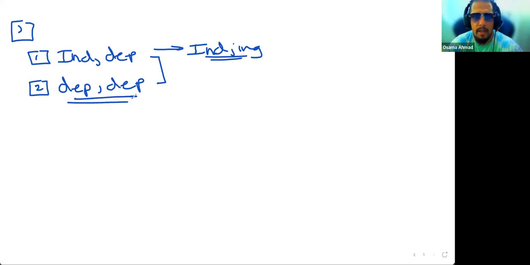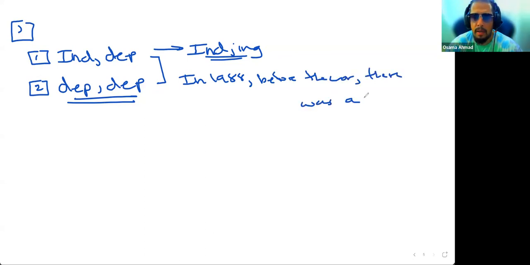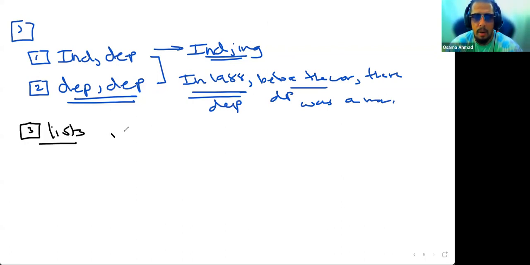Or a dependent from another dependent, for example, in 1988, comma, before the war, comma, there was a man. So commas can separate independent ideas from dependent ideas, or dependent ideas from other dependent ideas. Commas can be used in lists: comma, comma, and structure. Commas can be used with comma which. This is very common, right?